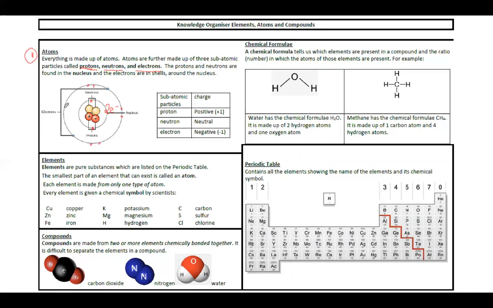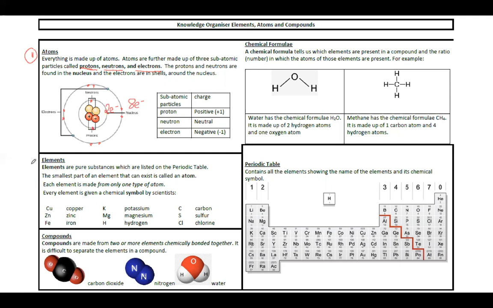It can have fewer electrons depending on the type of atom, but the maximum that all the shells after the first can hold is 8 electrons. So the third shell can hold a maximum of 8, the fourth shell a maximum of 8. It's only the first one that is 2, the rest are 8. But don't worry if you don't remember this, we will go over why this is important later on. For now, just remember the structure of an atom and the subatomic particles.